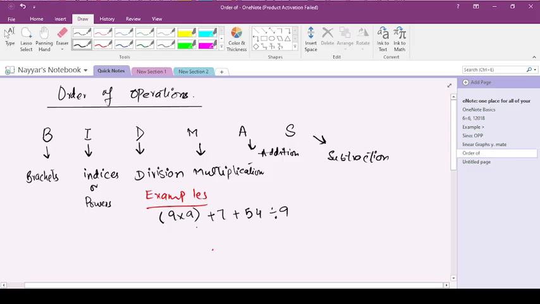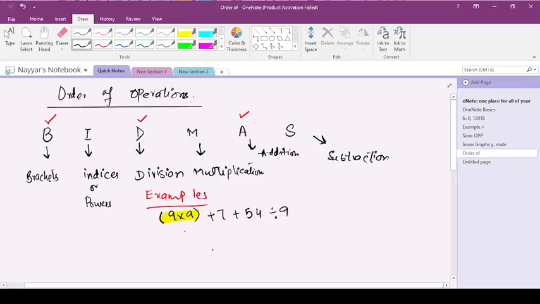Now see which operations we have. We have brackets, addition and division. Now we have to follow this order. According to BIDMAS, first we solve the bracket. So this is our bracket, and we highlight it because first we are going to solve it.